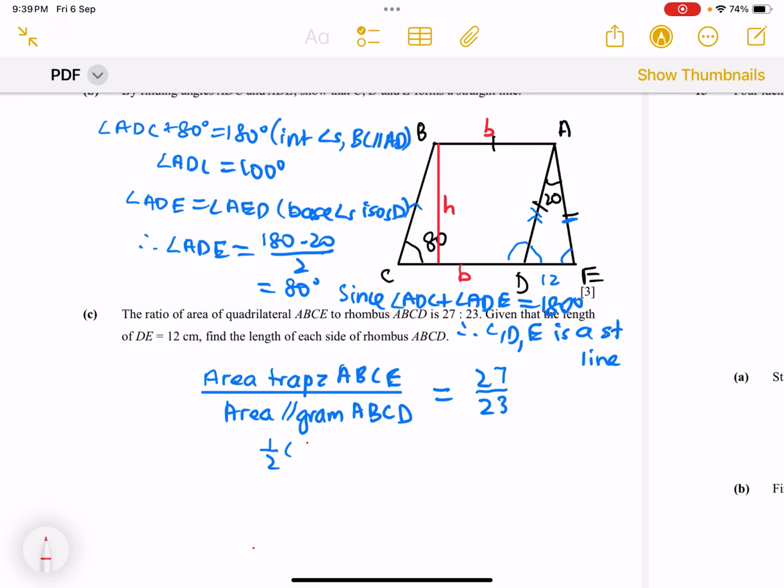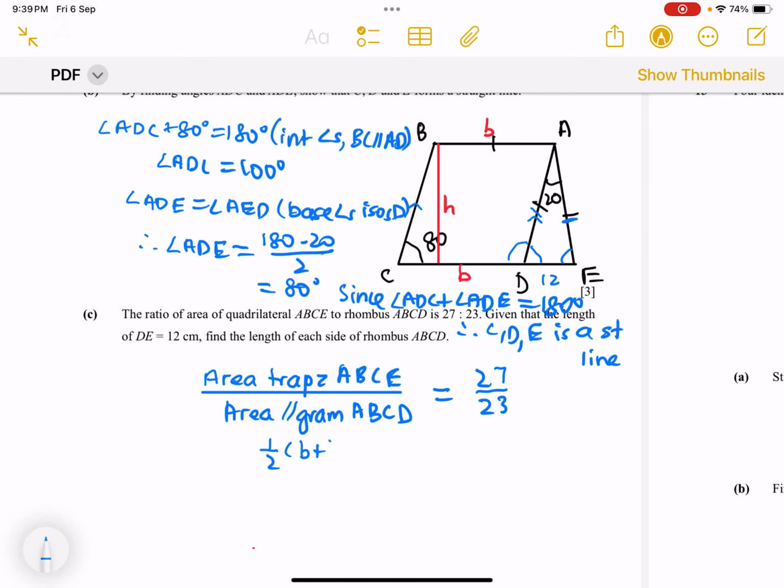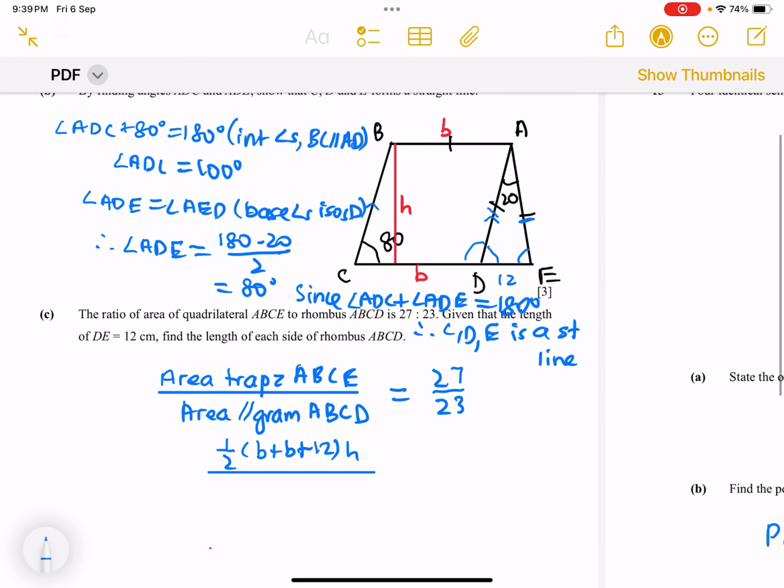So the parallel sides will therefore be b plus 12, because DE is 12, times the height. That is divided by the area of a parallelogram or rhombus, which is base times height.